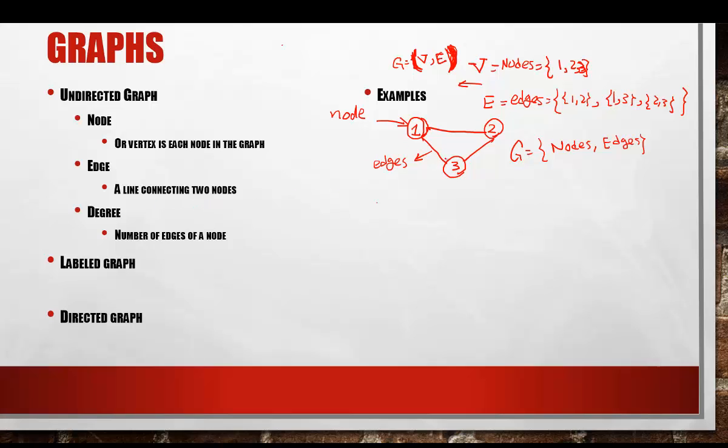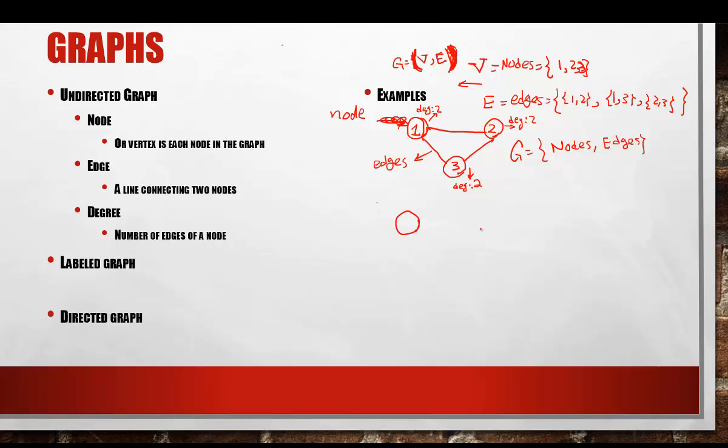The degree of a node is the number of elements that it's connected to. So for example, in this case, the degree of node 1 is 2, the degree of node 3 is 2, and the degree of node 2 is also 2, right? Because each of these nodes is connected to 2 elements.